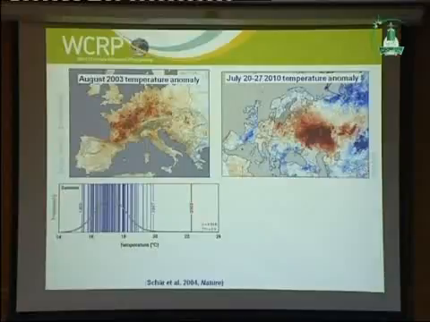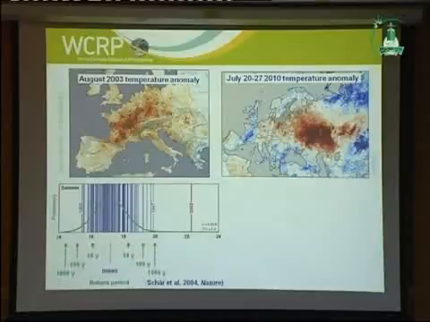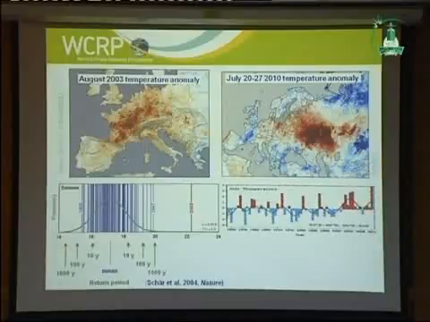Even if we have all the observations from the past, we cannot draw any conclusions from them to say something about the heat wave of 2003, because it was a unique phenomenon, a unique condition. So we are trying to understand what really caused that uniqueness.